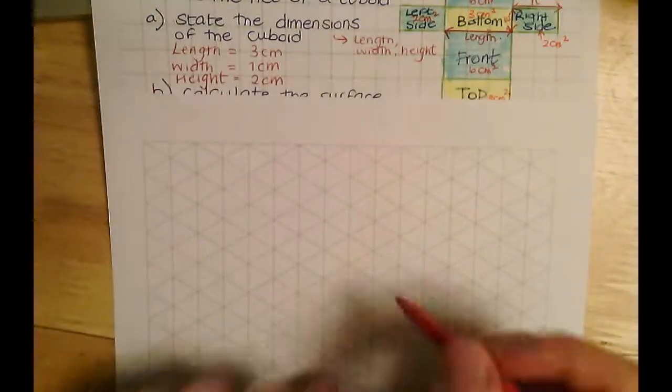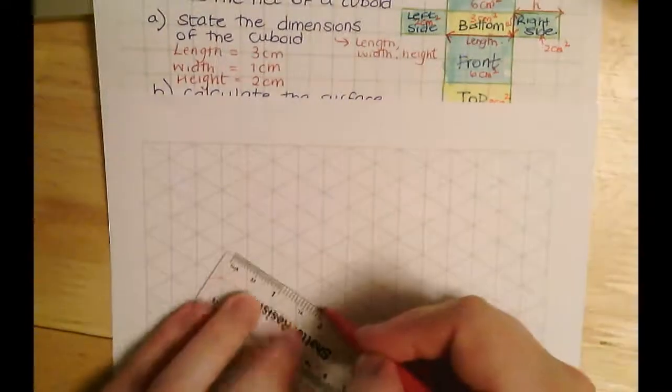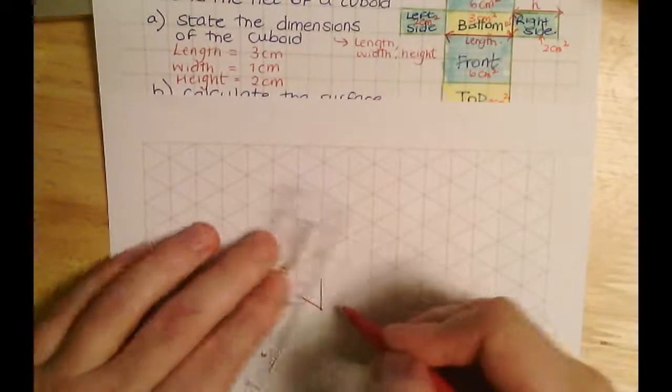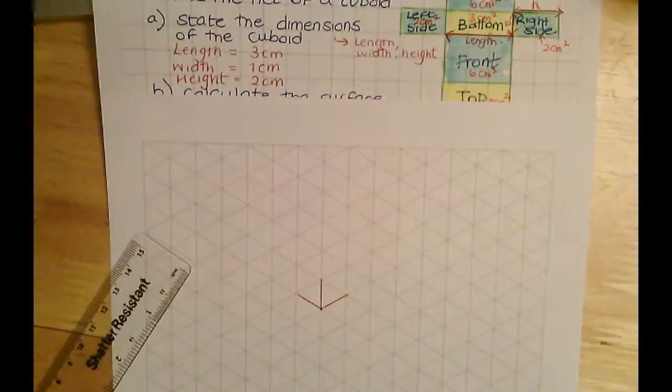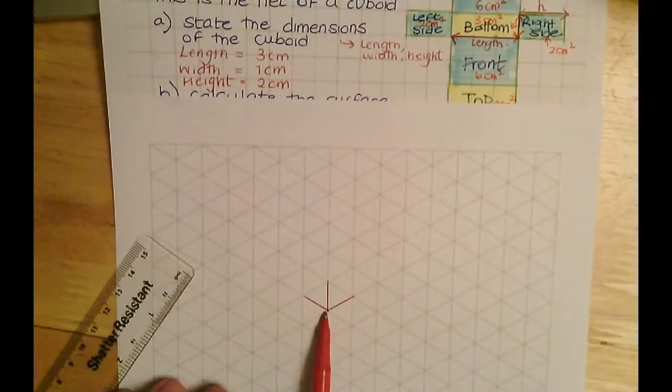Right, so my starting point, I'm just going to pick this point here, it really doesn't matter. And I'm going to draw my little starting W. So that is the first corner, the first vertex of my shape.